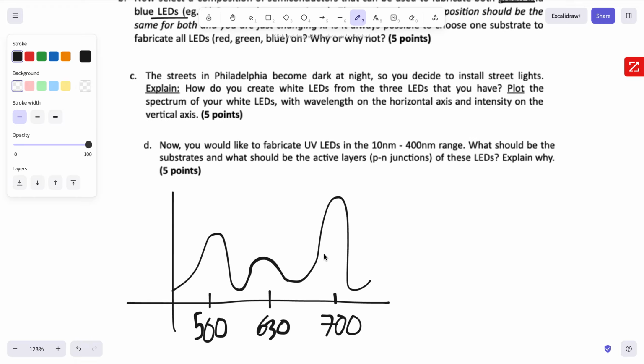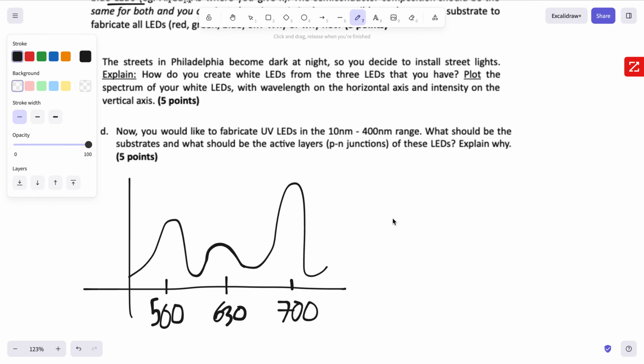The reason for these different intensities is because generally when you create LEDs that are red light versus green and blue light, you see variations in intensity like this. And so this is one way of doing it, just combining R plus G plus B.